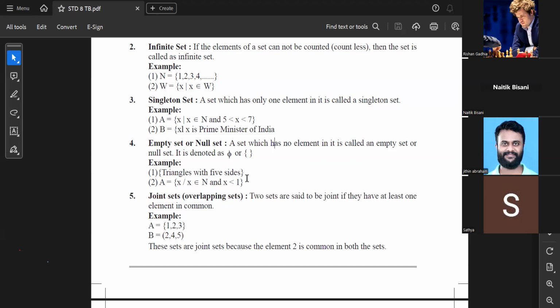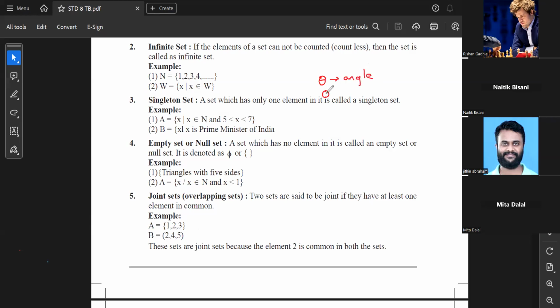Yes, Rishan, tell me what's your query. Sir, isn't phi a symbol used to denote angles, basically a variable for angles? Yes, see, these Greek symbols are used for various purposes. For example, theta is used for angle.